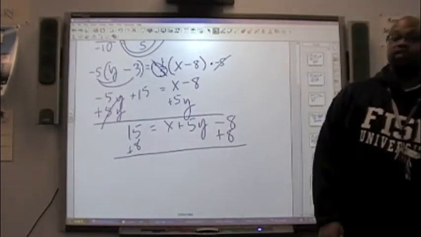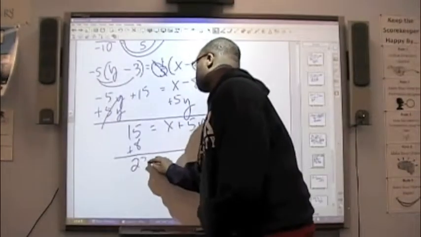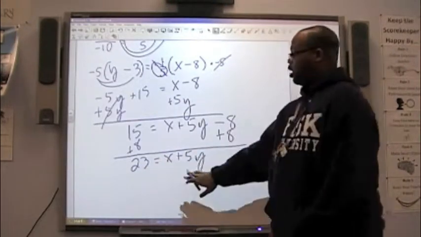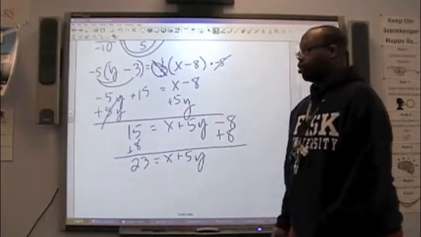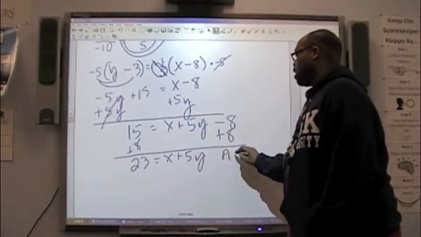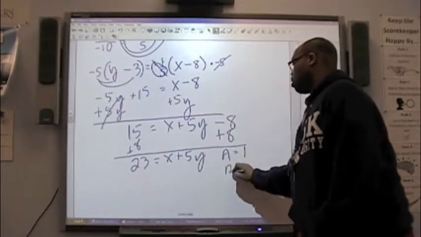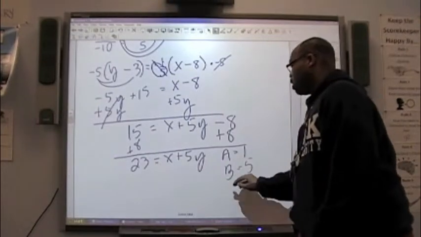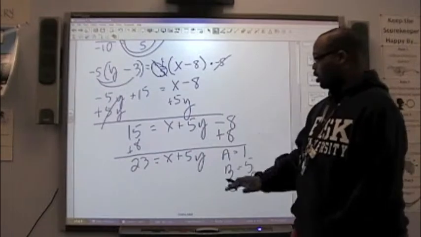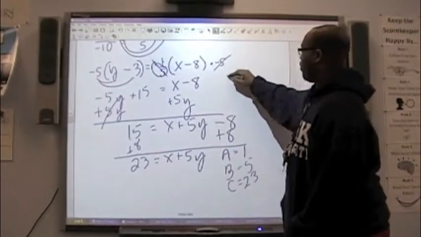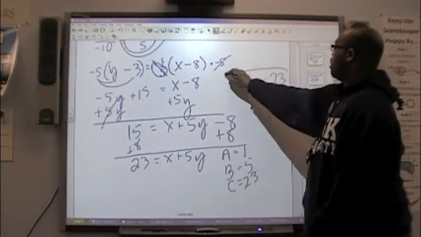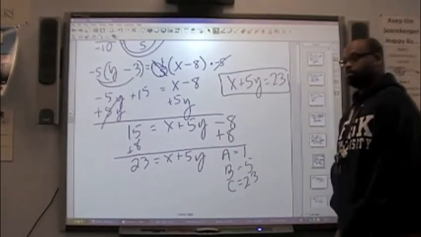And 8 plus 15 is 23 equals x plus 5y. x, integer, positive, integer, integer. So my a equals 1, b is 5, and c is 23. If I wanted to make it look prettier, I would move this to the left-hand side, and I would have x plus 5y equals 23. And that's your standard form.